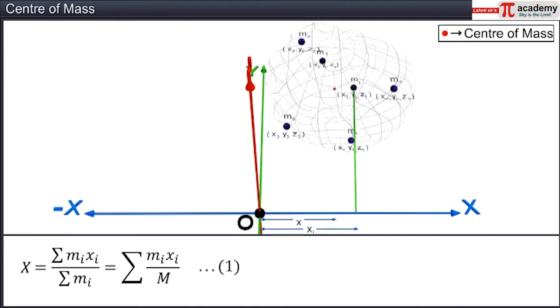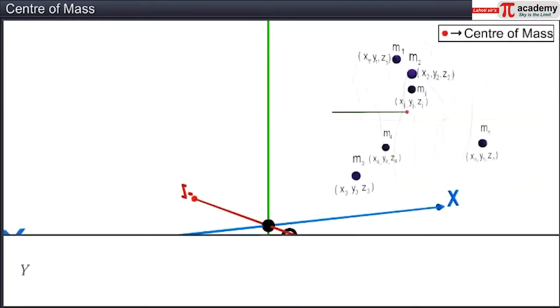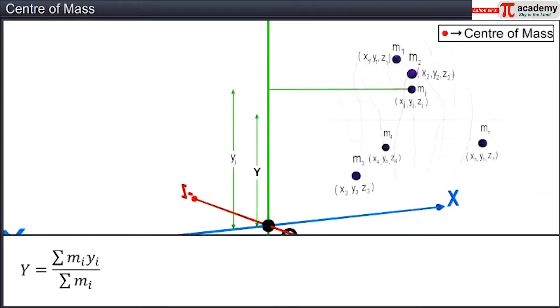Equation 1. Y is equal to sigma mi yi by sigma mi, which is equal to sigma mi yi by m. Equation 2.